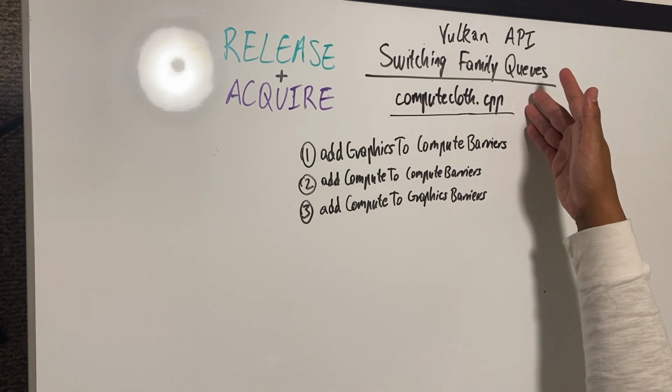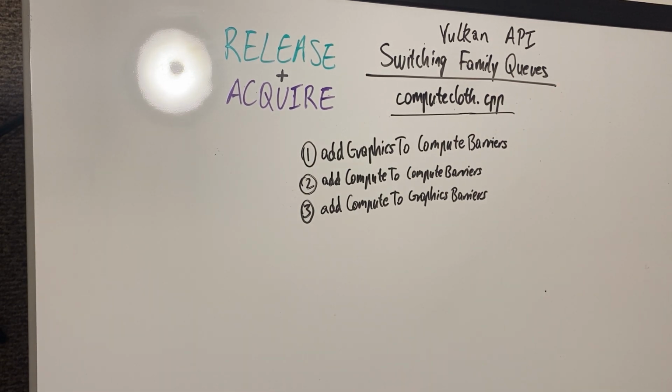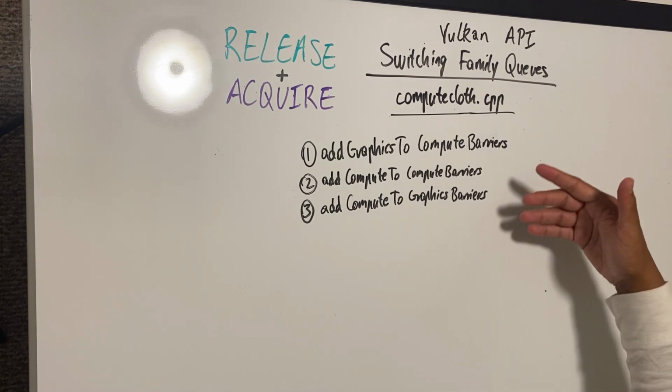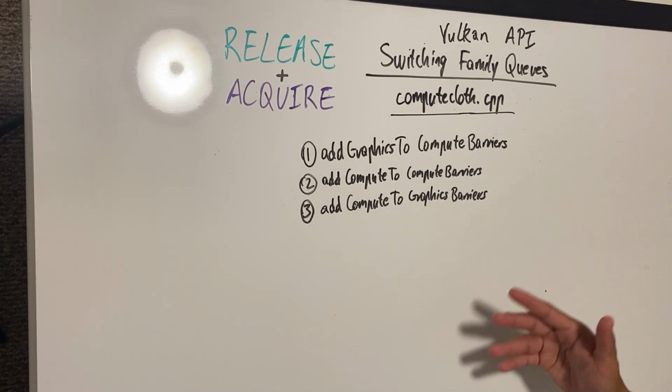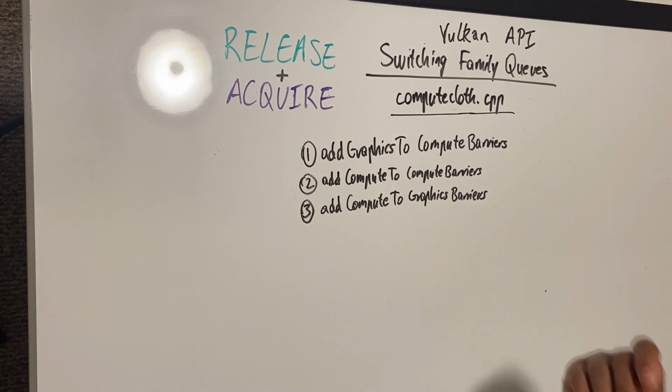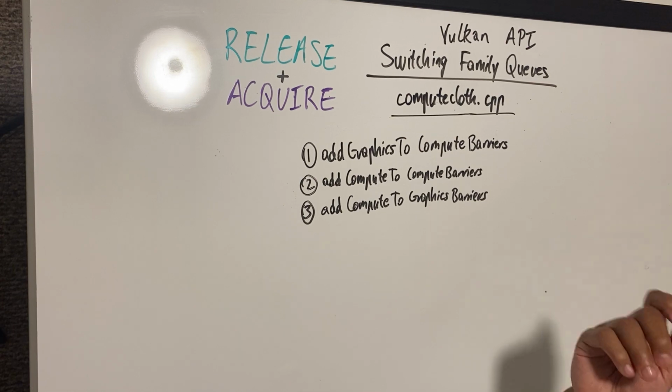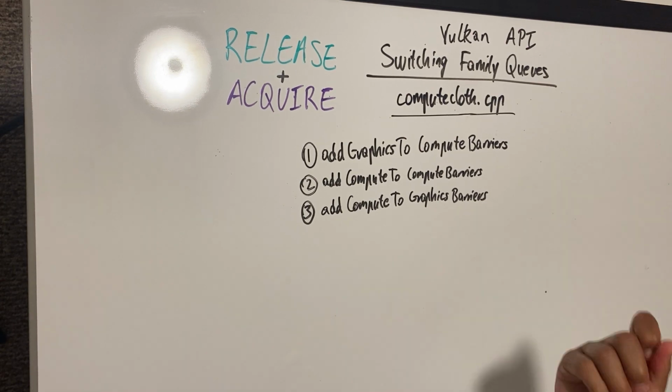Now in the ComputeCloth algorithm, there's a special flag that is tested to find out whether the graphics and compute queue family is the same queue family.